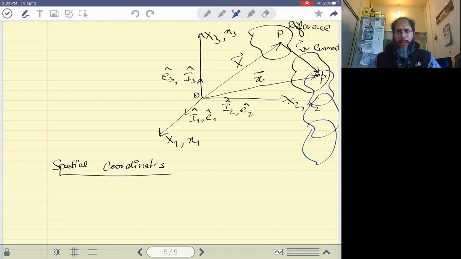So what we're seeing is that using the small x coordinate system, my small p will move in space, but the capital P is fixed because it is the reference or the initial configuration. So it always denotes the t equal to 0 configuration of the body.